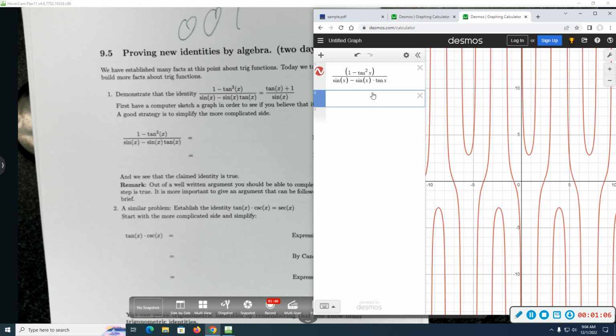There we go. So there's whatever function that is, the left-hand side of that equal sign.